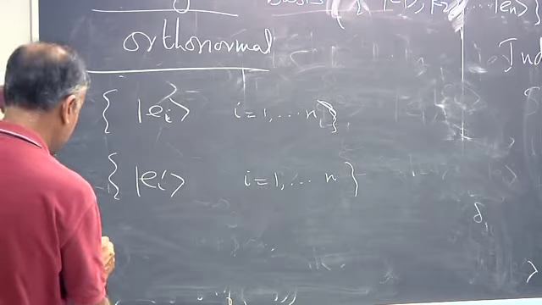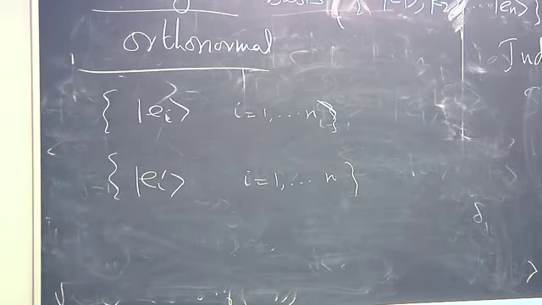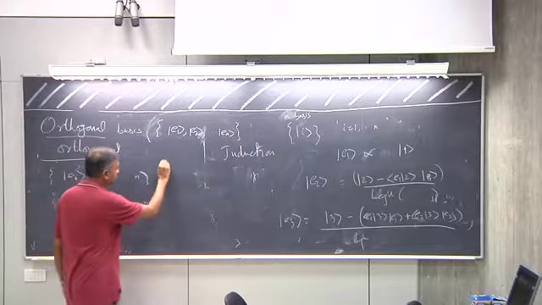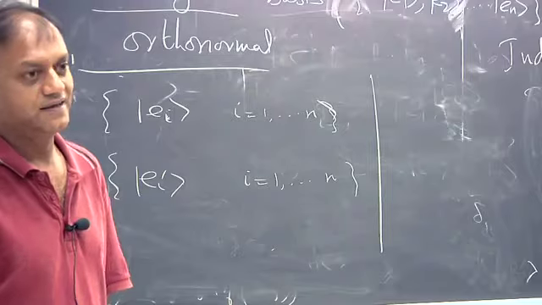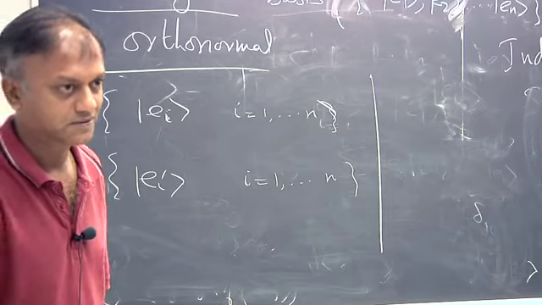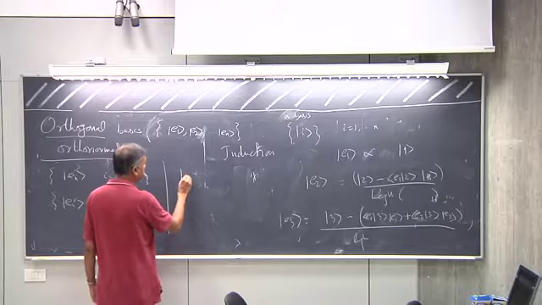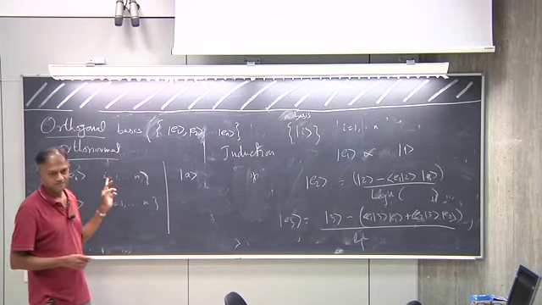Actually, maybe I should have also mentioned this first. What is nice about an orthonormal basis is that you can very easily expand any vector in terms of it. Take any vector A. I want to expand it in terms of this orthonormal basis.